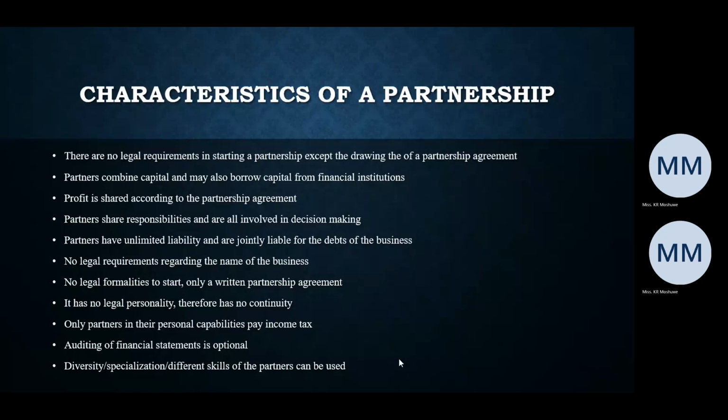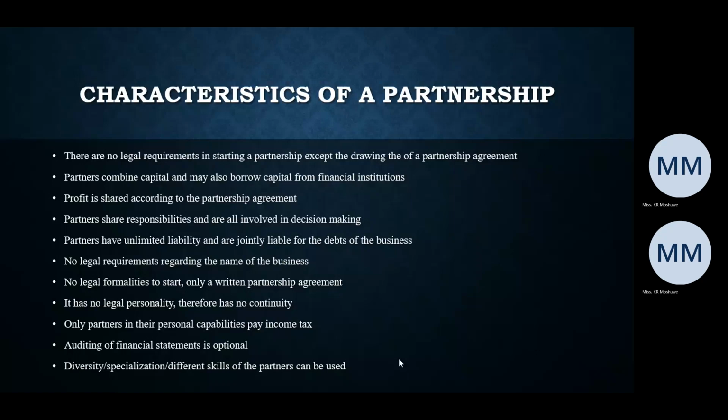Auditing of financial statements is optional. It's not compulsory for your company to have its financial statements audited. You have the option to do so if you want to check if your operations are honest and legal, but it's not compulsory.